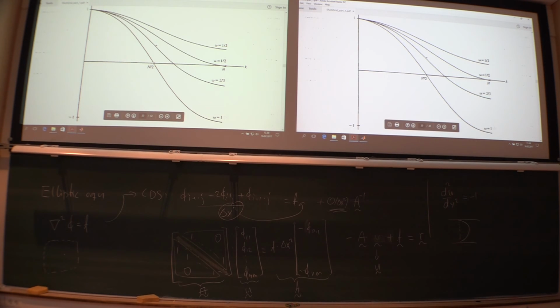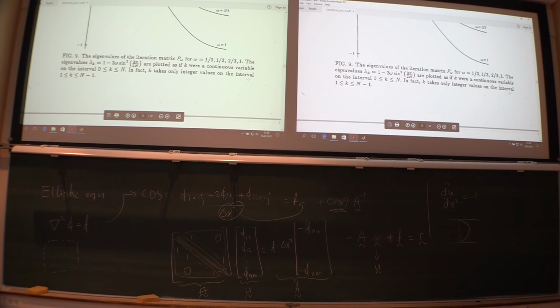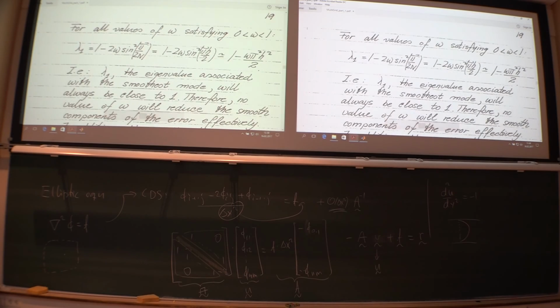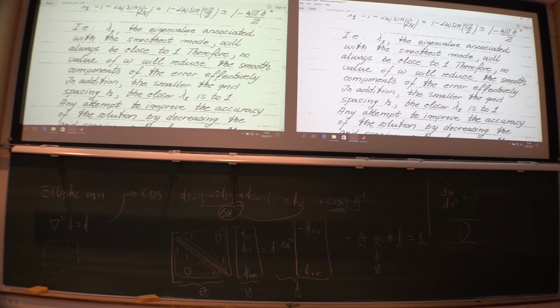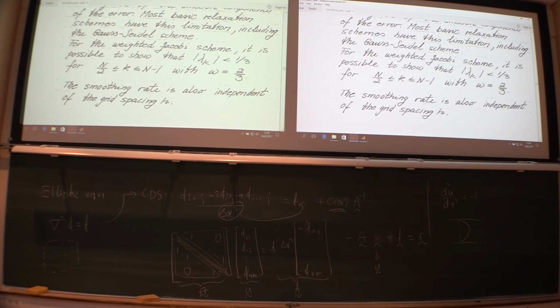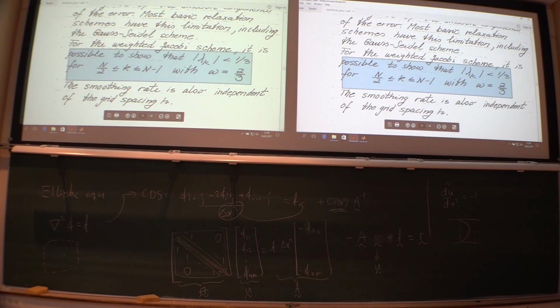But omega 1 works also quite nicely. So it's a little bit of discussion here, finding a good omega, and it's possible to show that omega 2/3 is a very good choice.